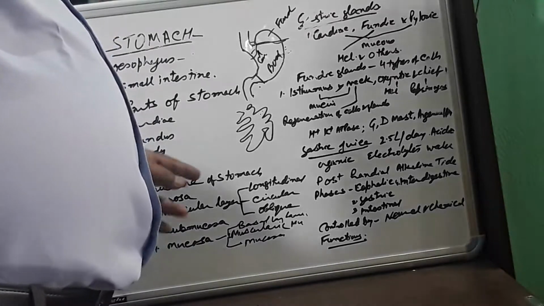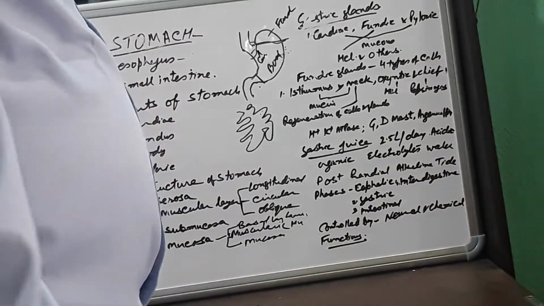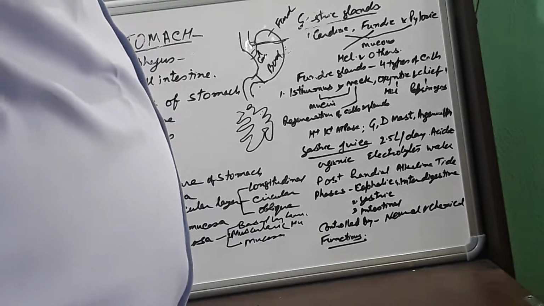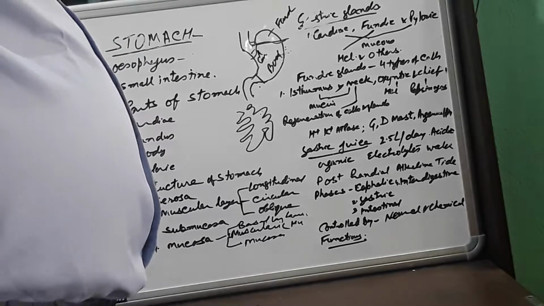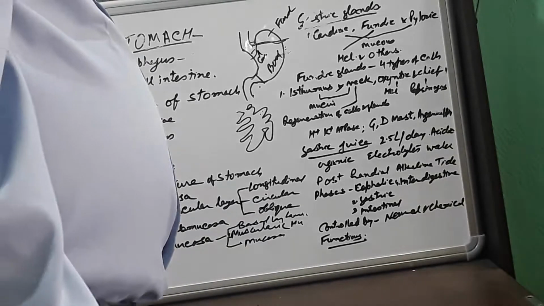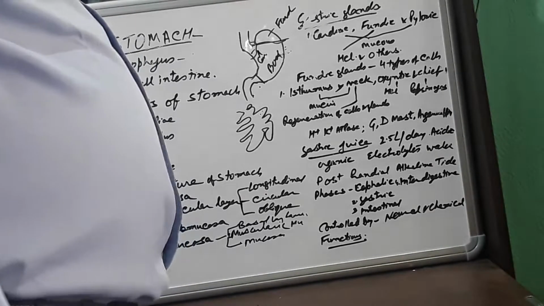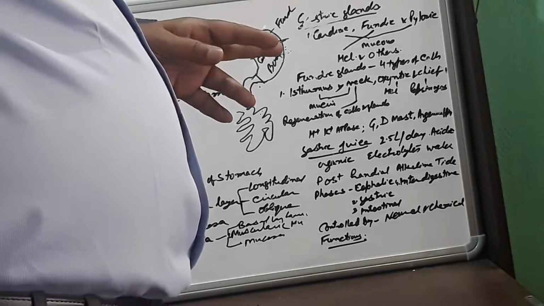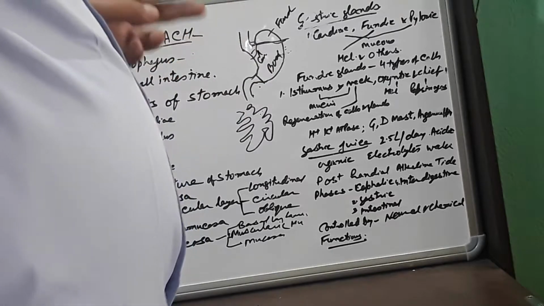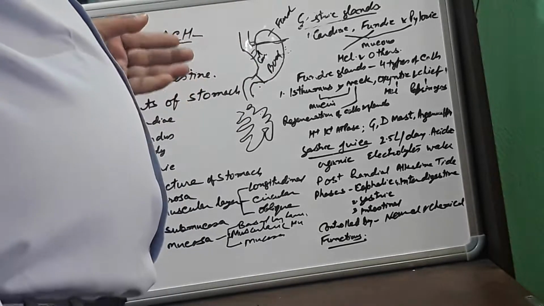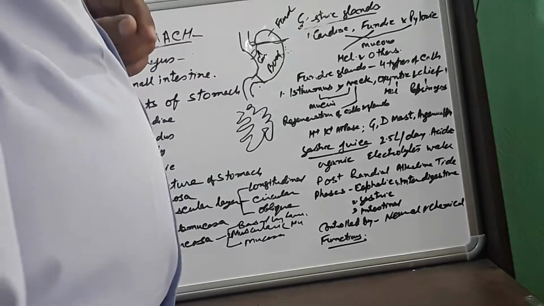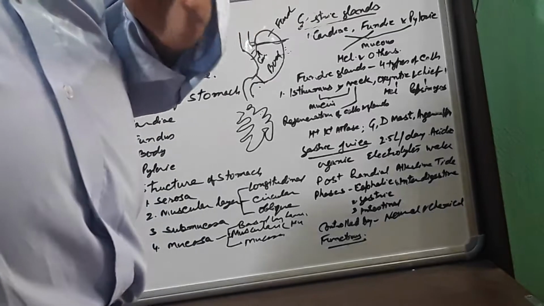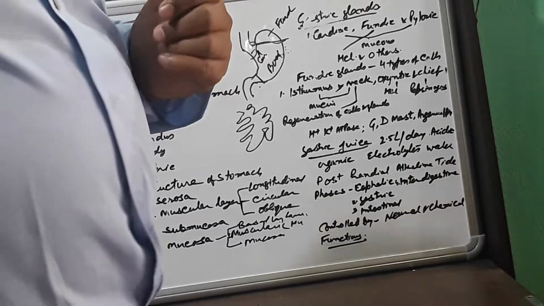The structure of the stomach is like that of the normal GIT, which we have learned. From outer to inner: serosa, muscular layer, submucosa and mucosa. The muscular layer has three layers: outer longitudinal, inner circular, and the innermost oblique muscle, which is arranged in a fan-shaped pattern.